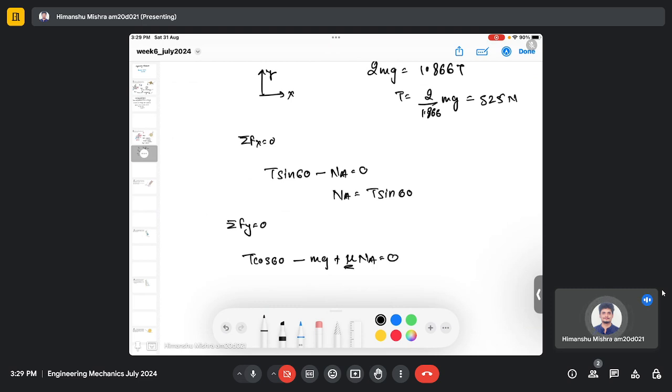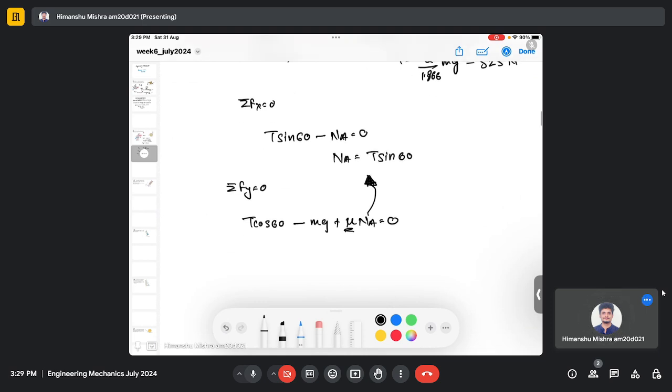So here you can find mu, and you already know the expression of NA from the above expression, which is T sine 60. So it will be T cos 60 minus mg plus mu times T sine 60.